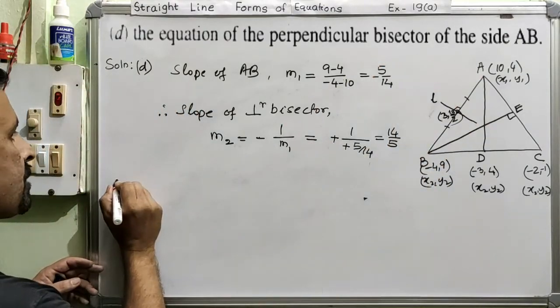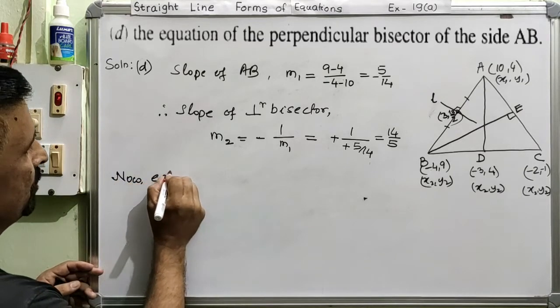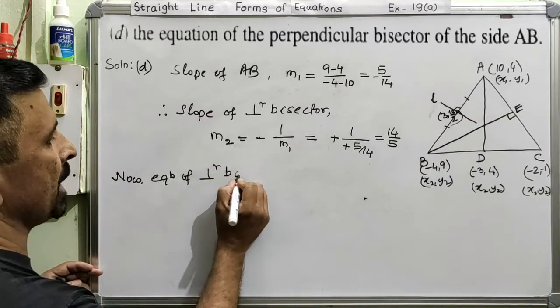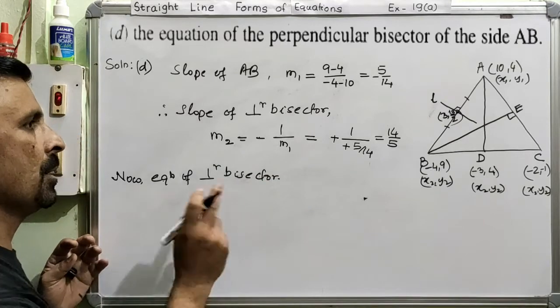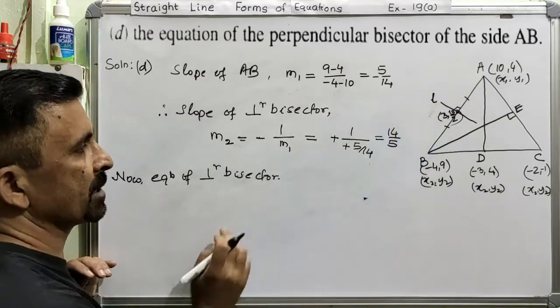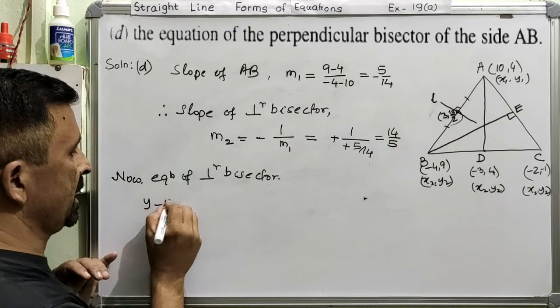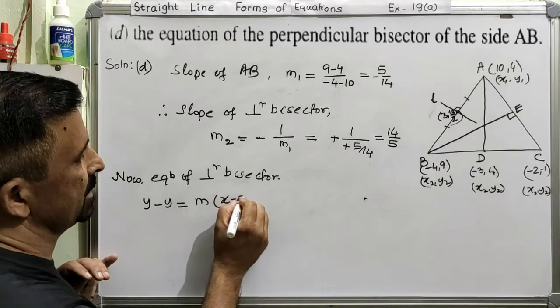So now, the equation of the perpendicular bisector. We have one slope and one coordinate. So y minus y1 is equal to m into x minus x1.